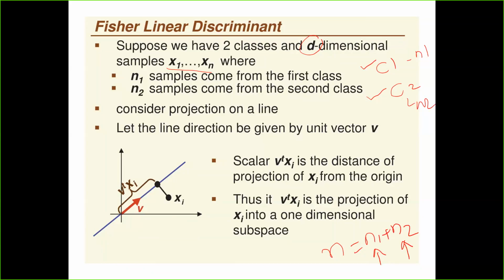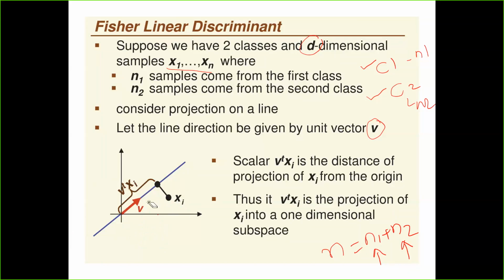Okay. So consider there is a line whose direction is given by a vector V. Suppose you are trying to project this data point x_i onto a line whose direction is given by V. To get the point in the projected space, we multiply V transpose with x_i. So V transpose x_i is the distance of the projection of x_i from the origin. It means it is giving you the projection of x_i onto a one-dimensional subspace.